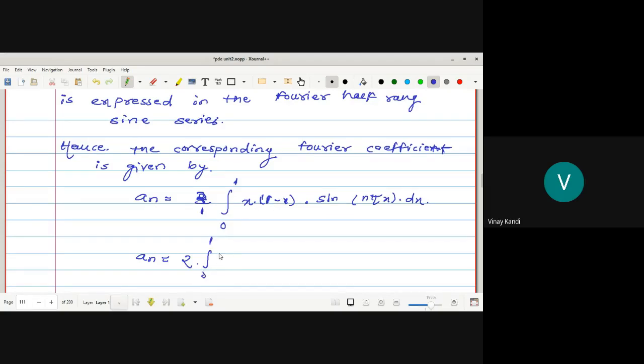Multiply this: in the bracket, x into 1 is x, so x into sin n pi x, minus x square into sin n pi x, into dx.